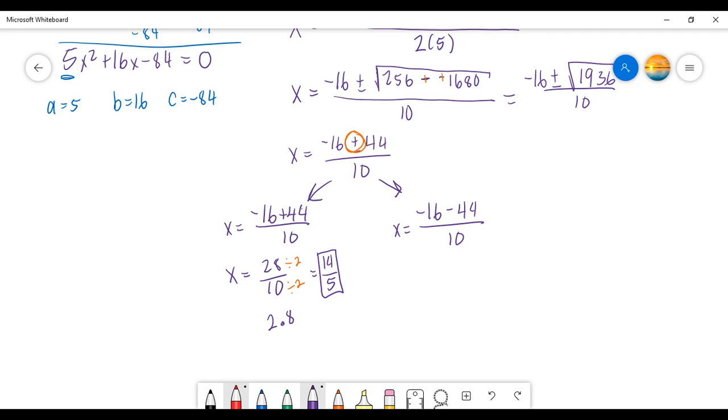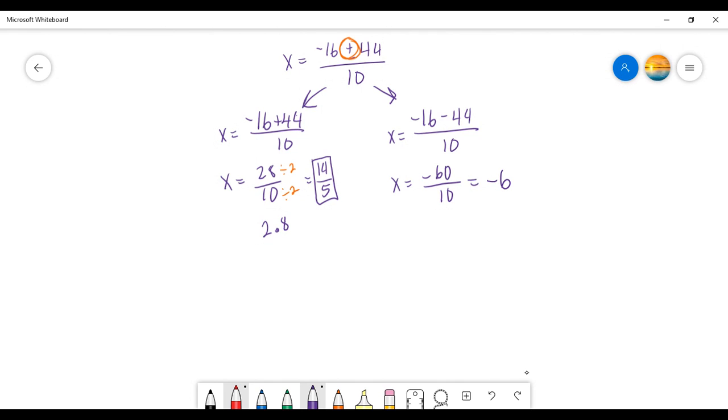With the other equation, negative 16 minus 44, that's saying like negative 16 plus a negative 44, which would be negative 60 divided by 10, and that divides to just get us negative 6. So the two possible answers are that x can equal 14 fifths or x can equal negative 6.